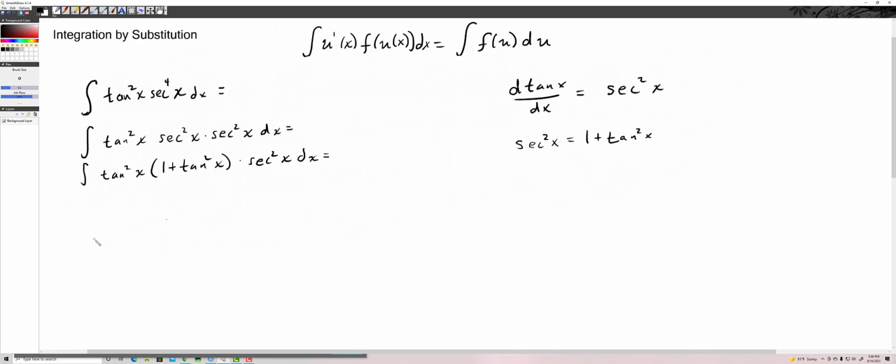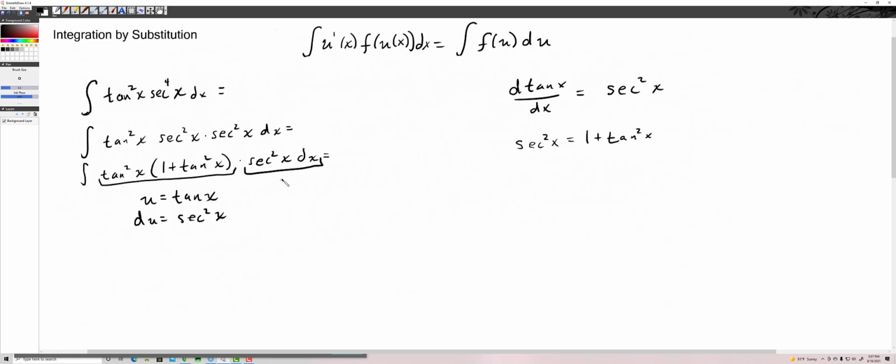Now we're ready for our substitution. We have here a function of tangent x, so we're going to call u tan of x. Almost put tan squared of x, but that is not right. Then the derivative of tan x, du, is secant squared x dx, and that's this right here.